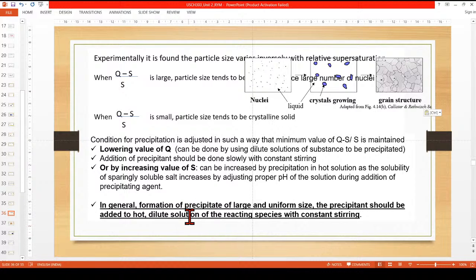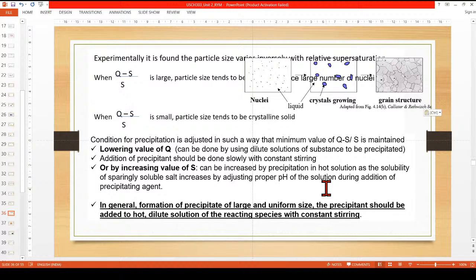In general, if you want a good crystalline precipitate, add to your hot solution a dilute solution of reacting species with constant stirring. So use dilute starting material solutions, add precipitating agent dropwise with constant stirring, and use hot solutions. These three conditions will give you a very good crystalline precipitate.